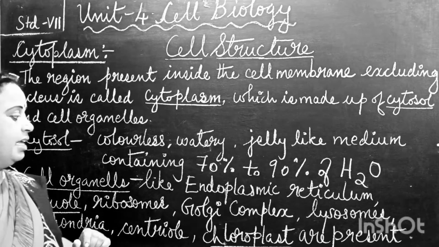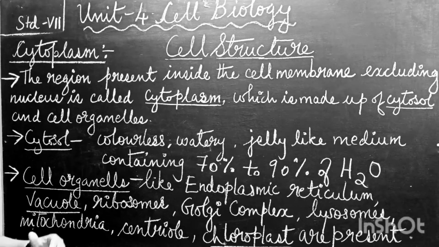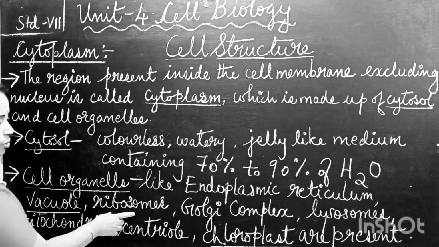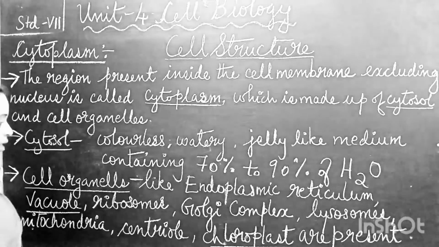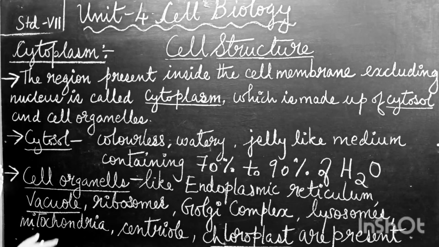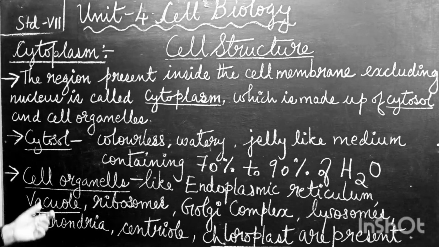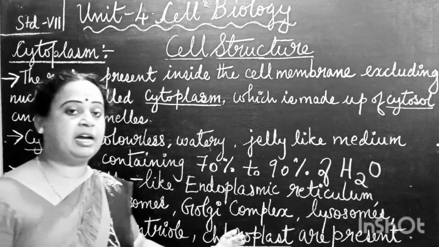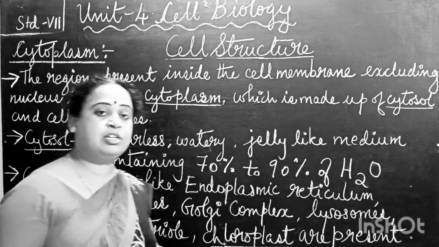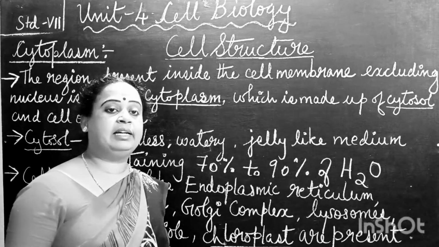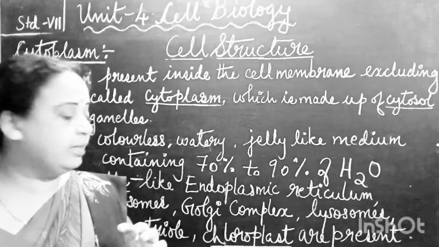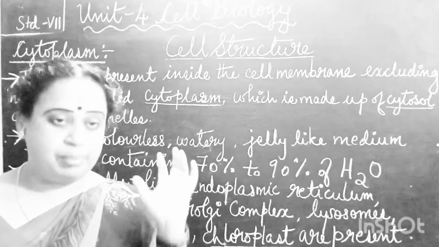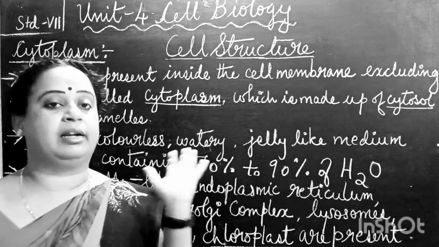So in the plant cell, along with cell organelles like endoplasmic reticulum, ribosomes, Golgi complex, lysosomes and mitochondria, large vacuoles and chloroplast are present. Chloroplast contains a green color pigment, and because of this, the cells of plants generally look green in color.